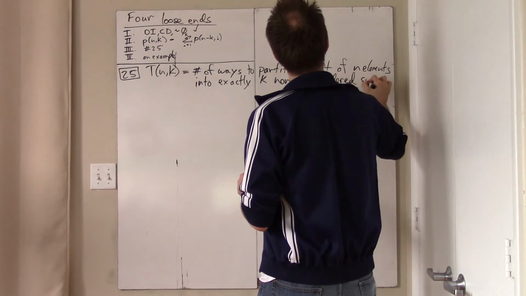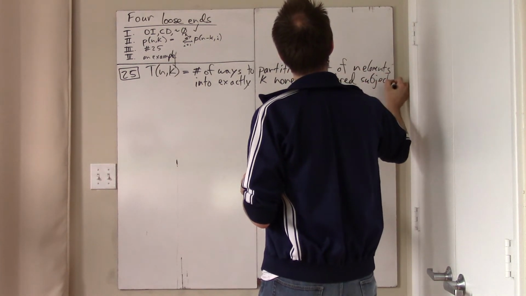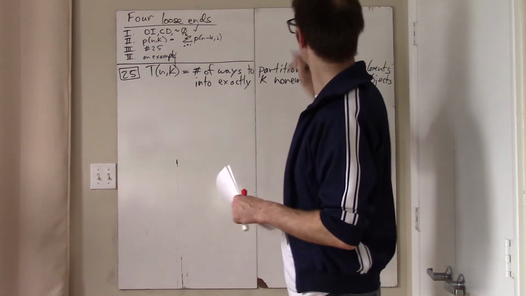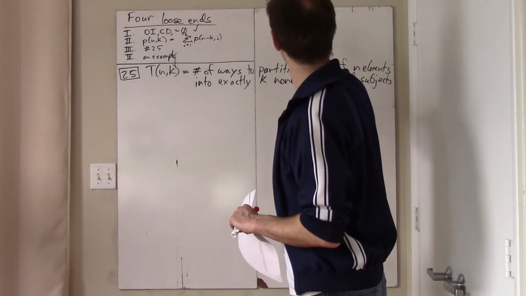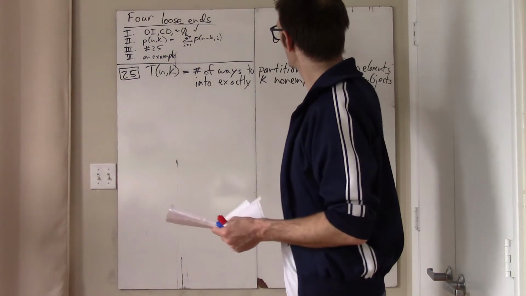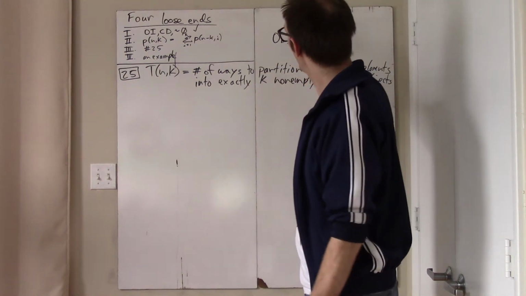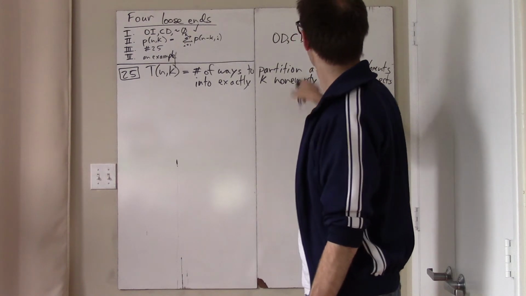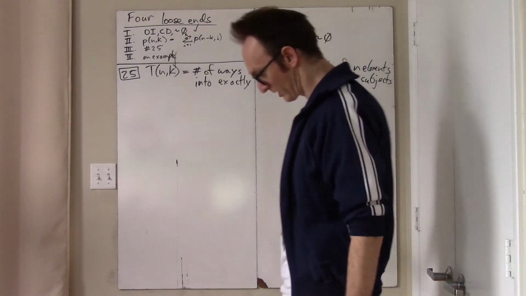Okay, so this is in fact just sort of by definition the solution to the objects distinguishable problem: a set of n elements, we assume there are n different elements. Containers distinguishable, and no container can be empty.